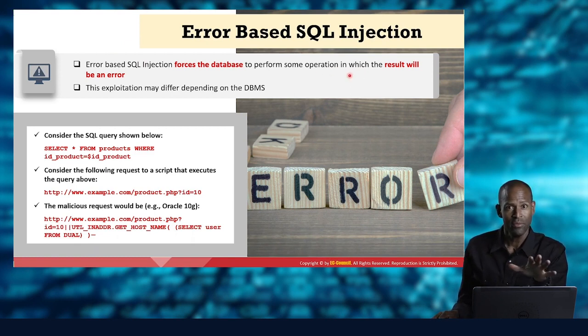We iterate and iterate until it finally coughs up an answer in many cases. And so depending on the database management system, DBMS, that you're dealing with, you have different ways of doing this. So here's a query here, select star from product. So there's a table in the relational database management system.